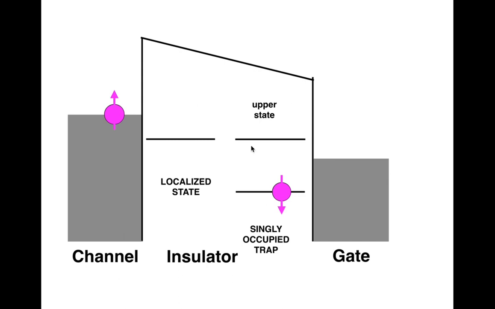So here's the defect we had before, and now we have a defect here which is either singly occupied or unoccupied, where this goes between single and double occupation. Let's see what happens when we step through this process.